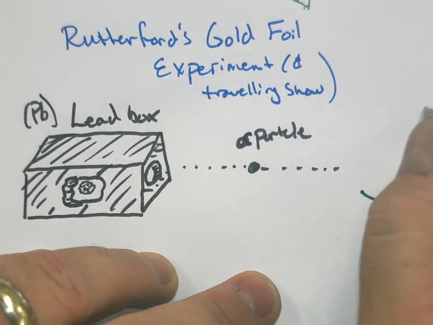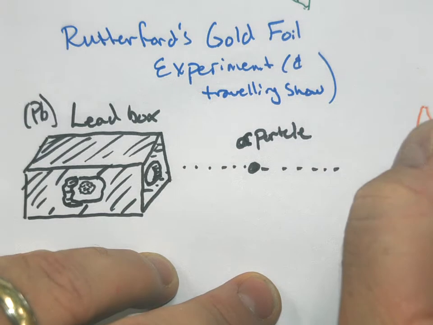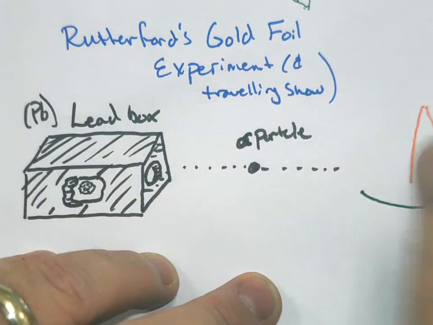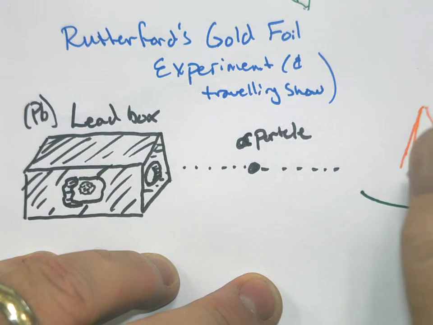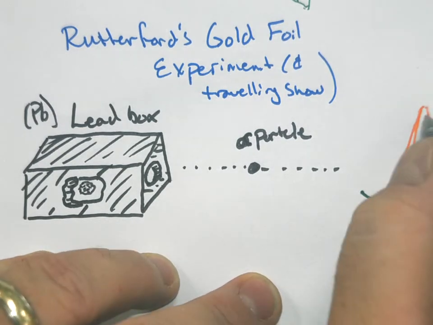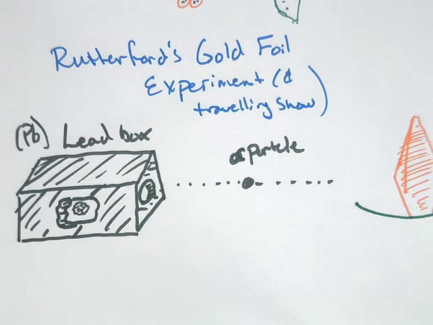It's an alpha, and I will show you how to draw that in just a moment. Oh, no. Shoot, I screwed that up. I will get this drawing right one of these days.